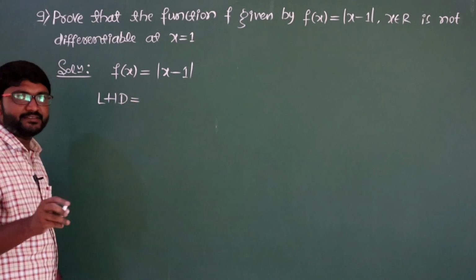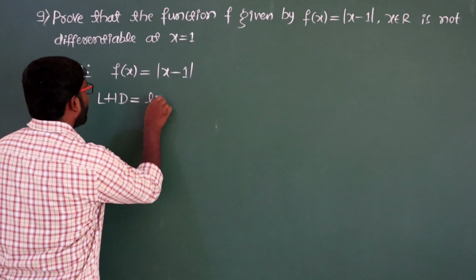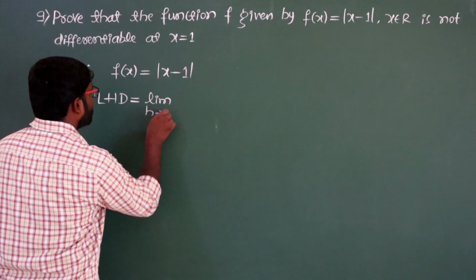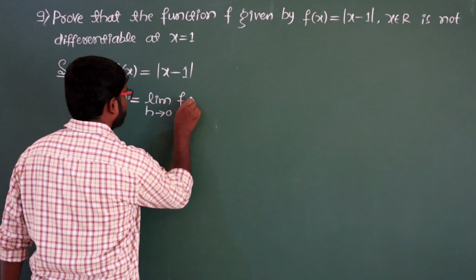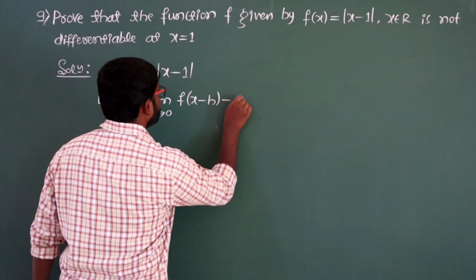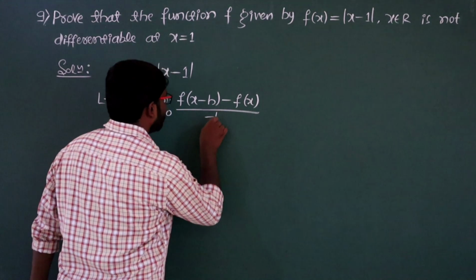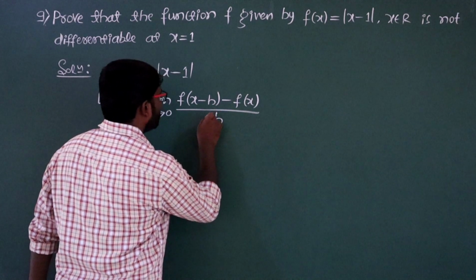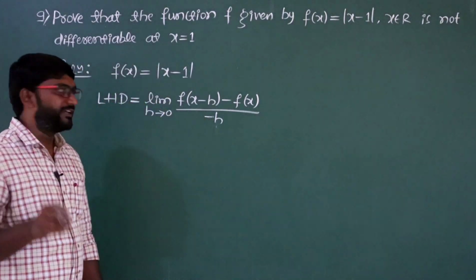The definition says limit h tends to 0, f of x minus h minus f of x, divided by minus h. So this is the definition of left hand derivative.